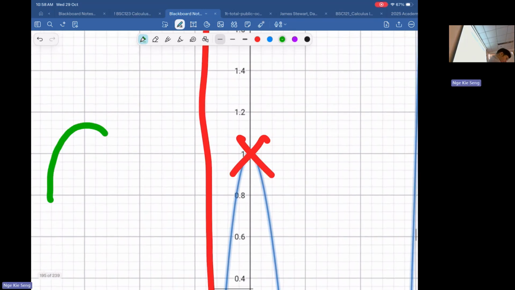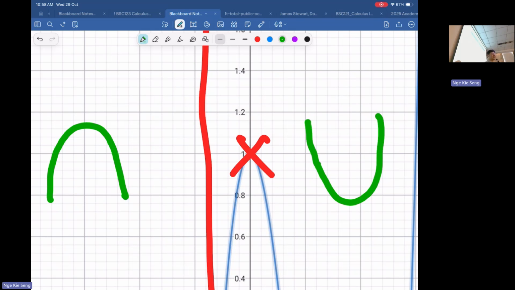Maximum is like this, minimum is like this. Which one is more stable? Left or right? Right. You could think of it like this: if I push this ball a bit, then if you are on the maximum, you will quickly fall down.